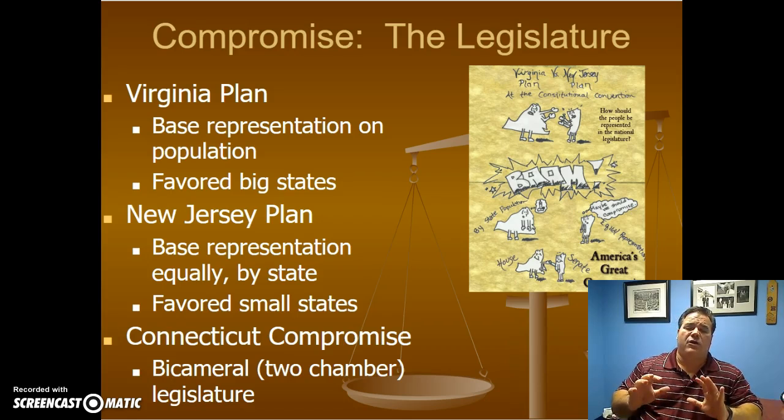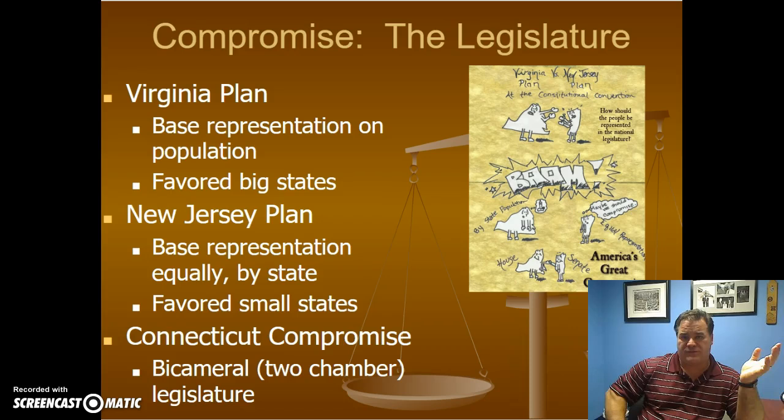The Connecticut Compromise took those two ideas, put them together, and created a bicameral, two-chamber legislature: a House of Representatives based on population, and then a smaller Senate, which would be based on equal representation for each state, two senators from each state.